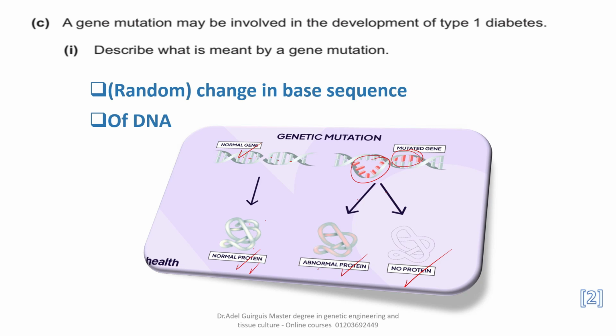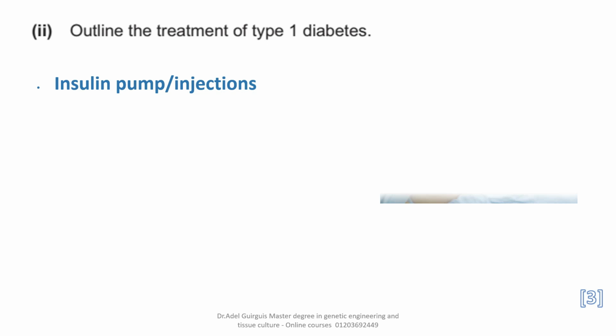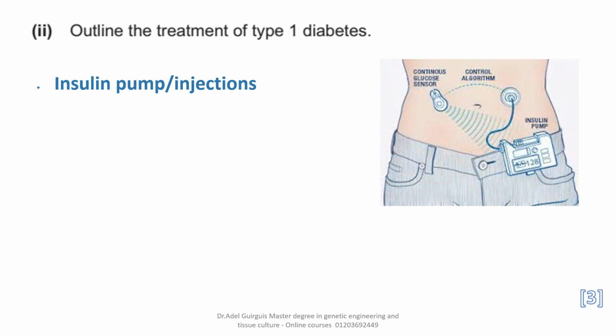Now outline the treatment of type 1 diabetes. How are patients with type 1 diabetes treated? Through insulin pump or injections, like here, injections, insulin pump.